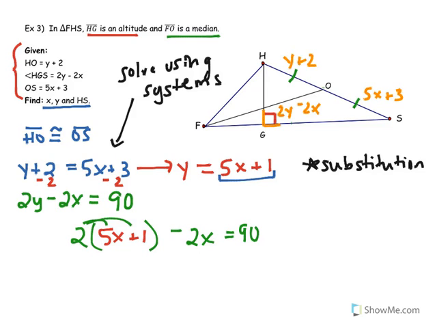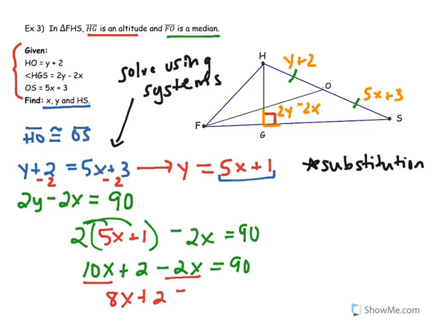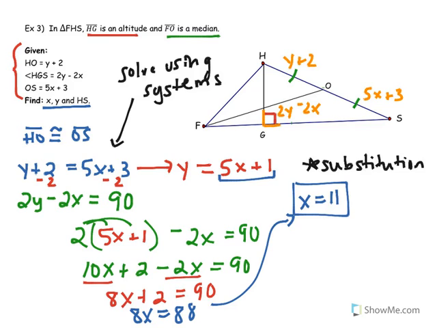So distributing first, we get 10x plus 2 minus 2x equals 90. Combining like terms, we get 8x plus 2 equals 90. And then solving the equation, we get 8x equals 88. Okay? Which, going over here, makes x equal to 11.